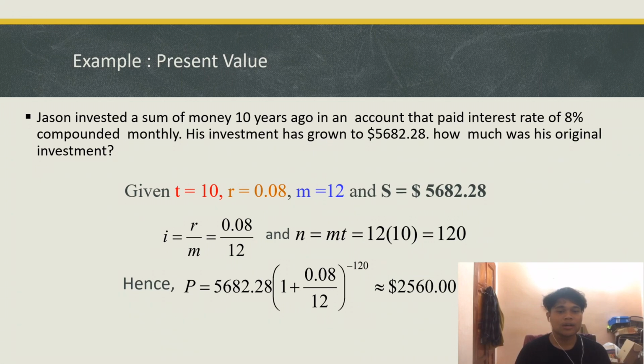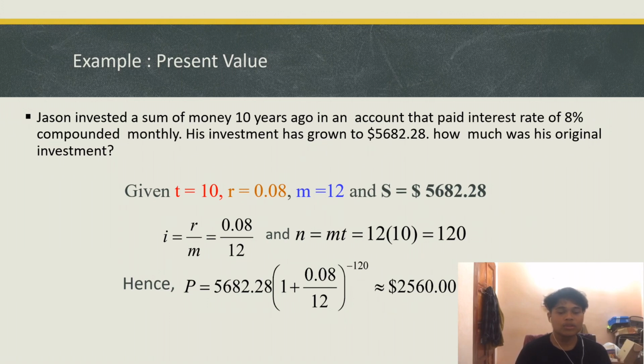Using the formula, we get I as R divided by M, 0.08 divided by 12, and n as M multiplied by T, which is 12 multiplied by 10, so we get 120.